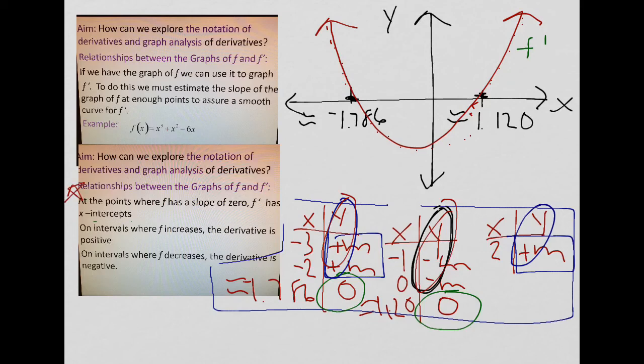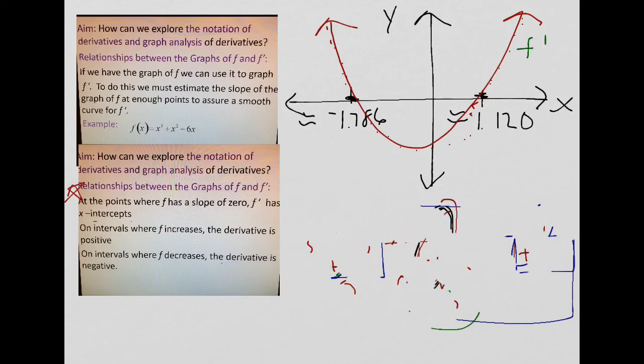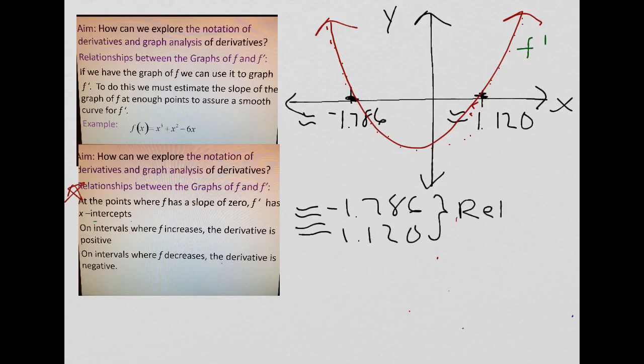That means that I have horizontal tangents. Okay, either a min or a max. So these are where we have mins or maxes. So we call that relative extrema.